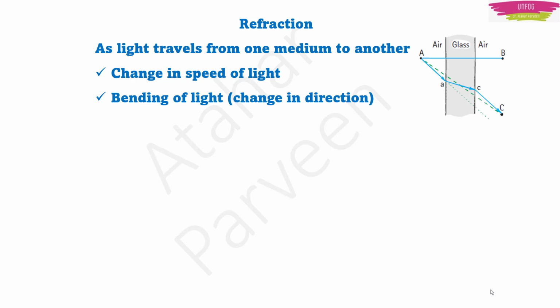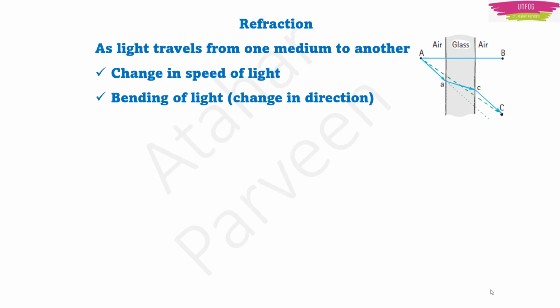Air is the rarer medium, and because glass is denser than air, glass is said to be the denser medium. Whenever light passes from one medium to another, from rarer to denser medium or from denser to rarer medium, the speed of the light changes, and the light also bends, or its direction changes, when it enters the other medium.